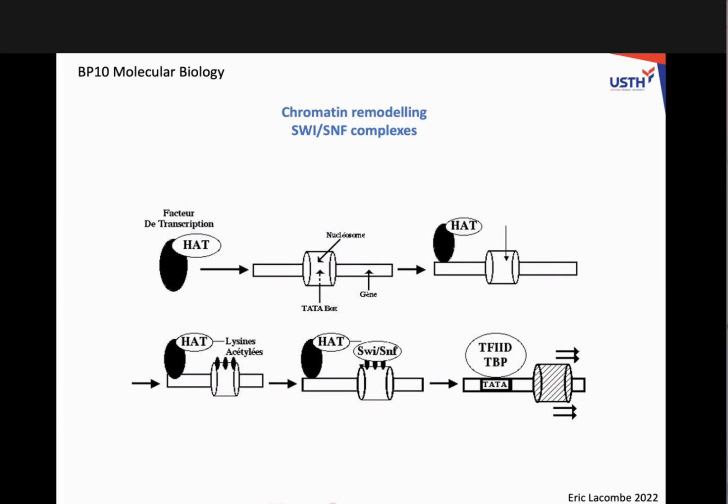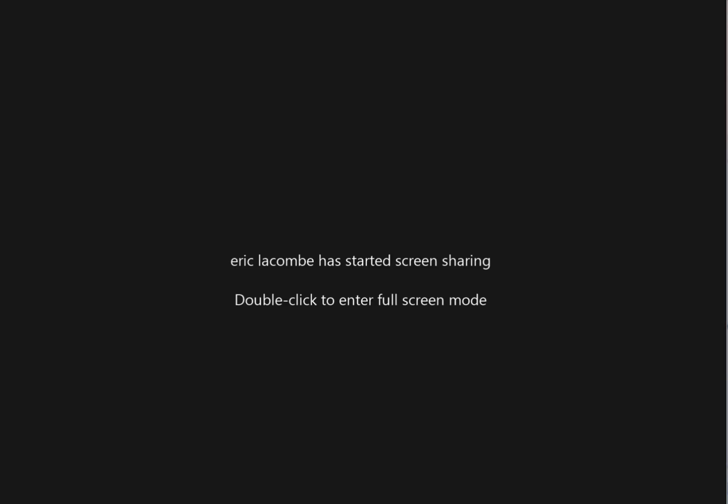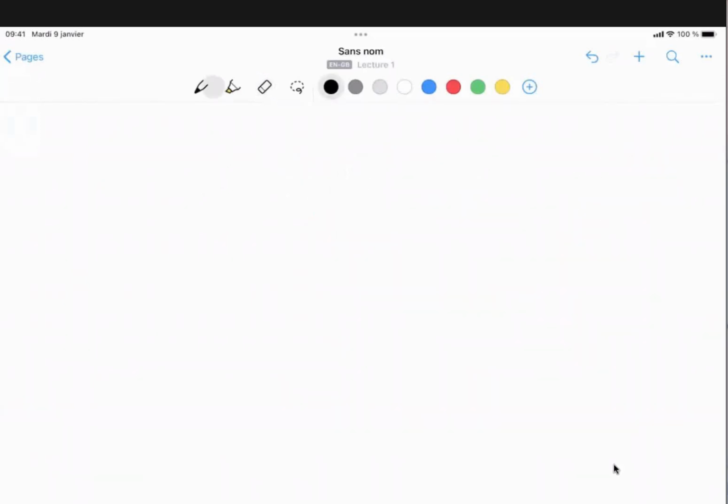In other words, it is like if you are in a situation where, here, this is a piece of DNA, this is a place where we have the gene of interest, a gene you need to activate.